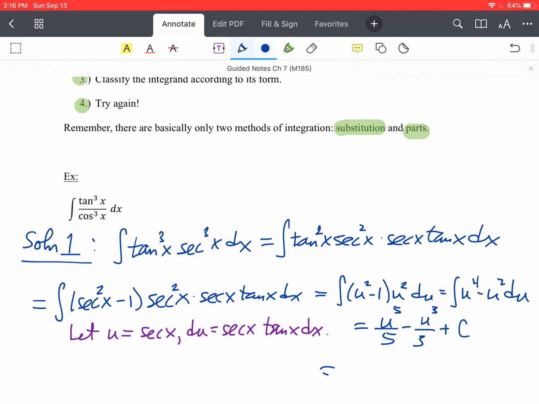Then sub back in our u value, which was secant. So this is going to be 1/5 secant to the 5th of x minus 1/3 secant to the 3rd of x plus c.